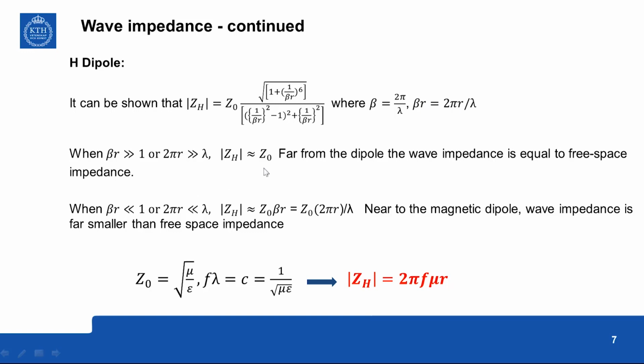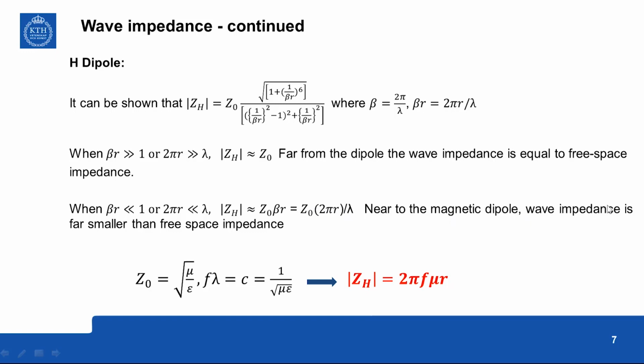Now here also we can take two conditions. One is when beta r is far greater than 1. Under that condition you will see that wave impedance is nothing but the free space impedance. And when beta r is far less than 1, you will see that it is given by free space impedance multiplied by 2 pi r by lambda.